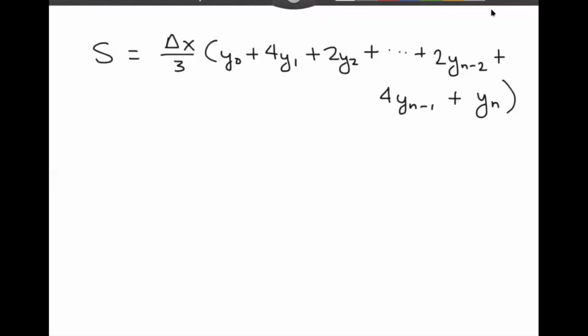All right, and here is our Simpson's rule formula. So we're going to go 0.75 over 3.